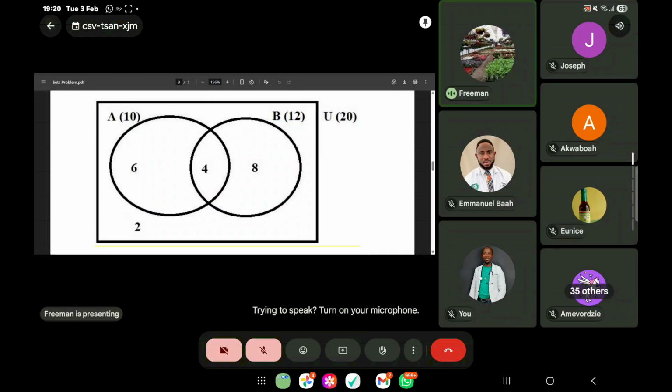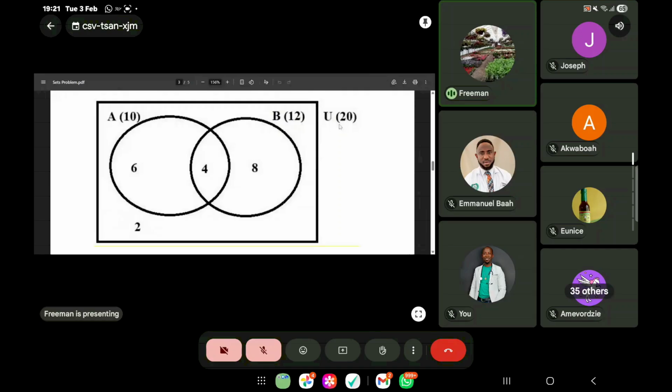Vegetable itself can be a universal set where we have the various vegetables under them. Once you hear what is being described, if you are not given the universal set, you will have to find out how that universal set is.